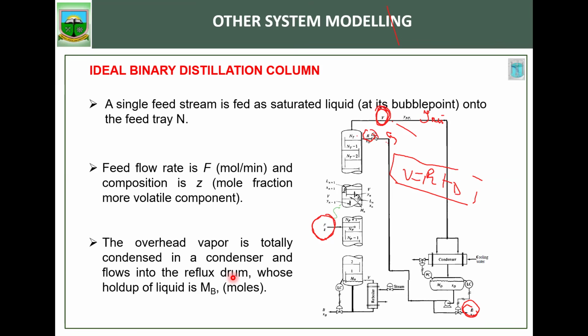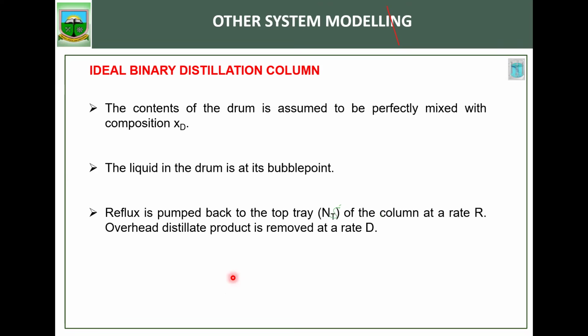Now we're going to derive the equation for this, but before that, it's better we look at the assumptions first and then we come to the equation. So let's look at specific assumptions. The content of the drum is assumed to be perfectly mixed with XT.